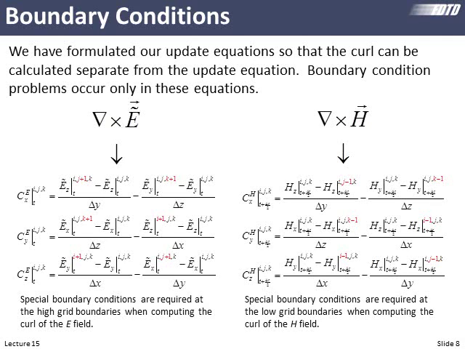It's because the curl calculations are the only ones that contain x, y, z derivatives. Those are the ones that are reaching out into adjacent cells in the grid. And so it's here when we're at the edge of the grid that they may reach outside where we don't actually have any stored values, and we need to handle that. So the boundary conditions we've isolated to our curl computations.